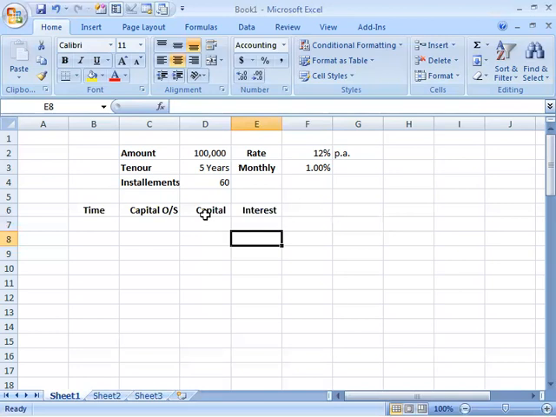So you know that in amortization loans, what is the mechanism? There are two components in the monthly rate, which is the capital component and the interest component.